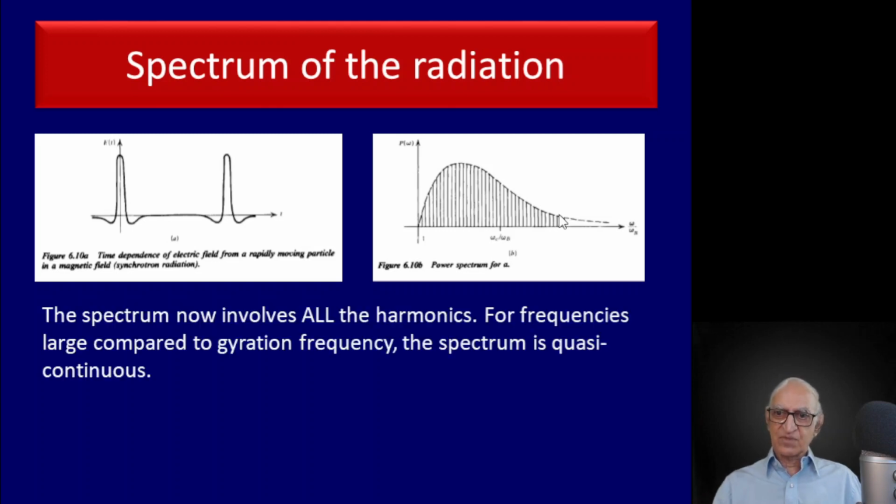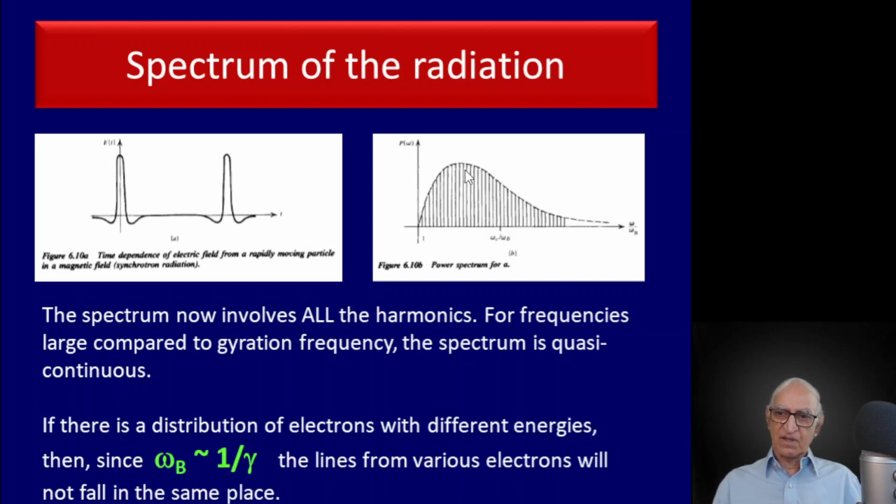In other words, because the radiation is beamed in a particular direction, the spectrum of radiation from a relativistic particle will consist of all harmonics of the gyration frequency. The gyration frequency, omega B, is eB divided by gamma mc. All harmonics of it will be present, and therefore the spectrum will be broadband and will peak at a certain frequency.